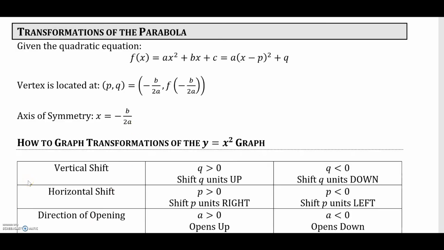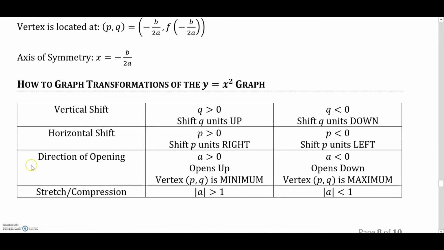There's key information that we can gain from the equation of the parabola and apply it to our transformations by describing the vertical shift, horizontal shift, direction of opening, and stretch or compression. The value of q indicates the vertical shift, and that vertical shift will either be up or down.